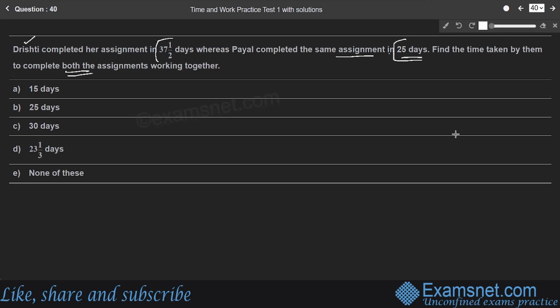To complete both their assignments, first together they have to complete Drishti's assignment. What is the number of days they are taking to complete that? After that, they have to complete Payal's assignment, right? Working together, how many days will they take?